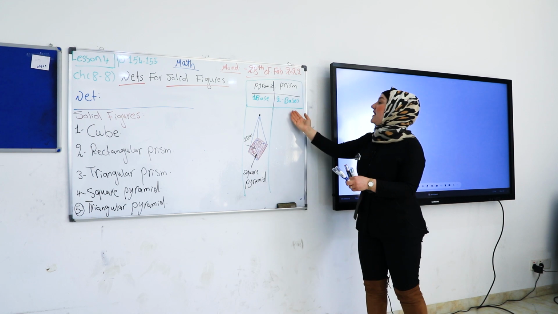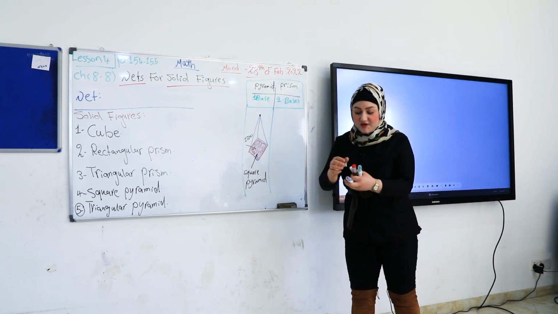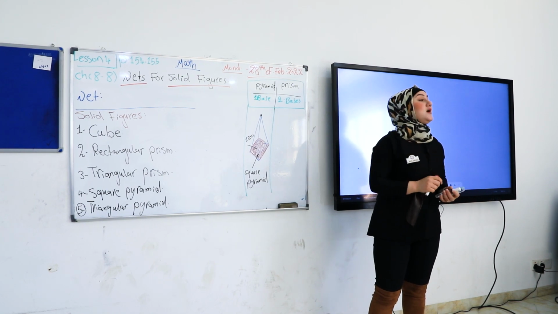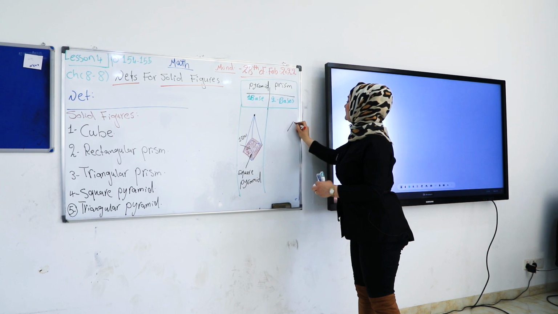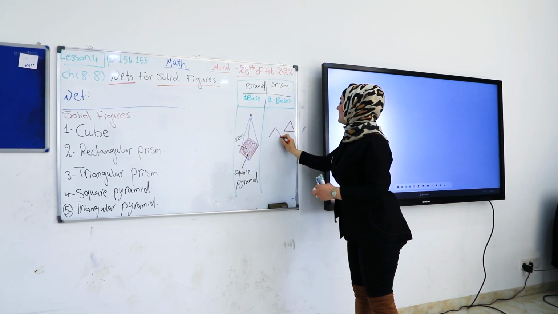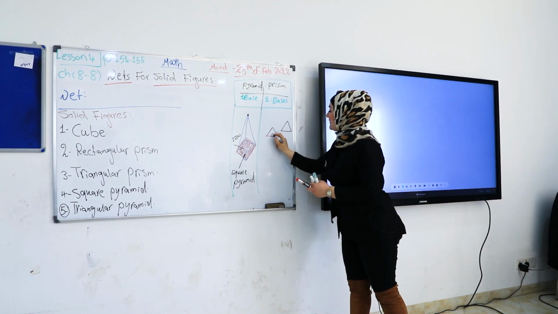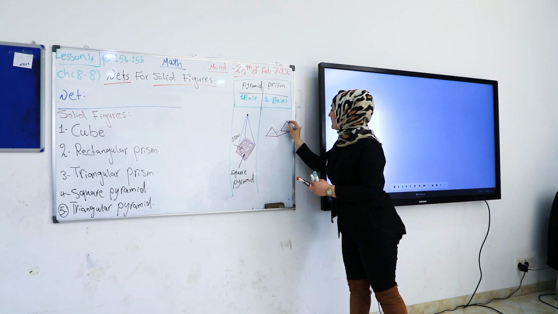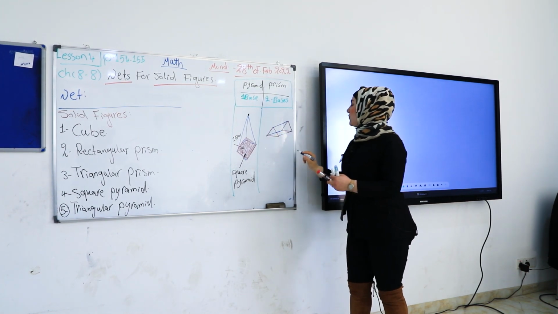Let's go to talk about prism. For example, let's talk about the triangular prism. Okay, so the triangular prism. So what do we call it?